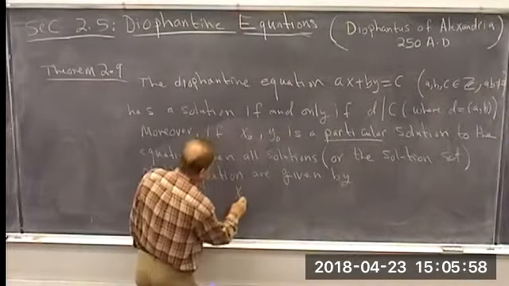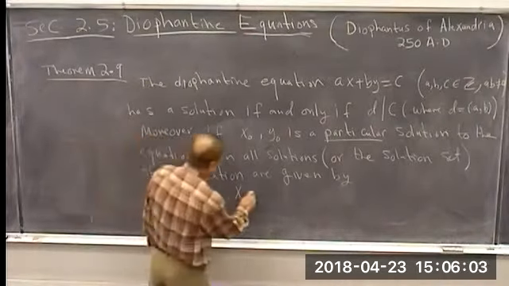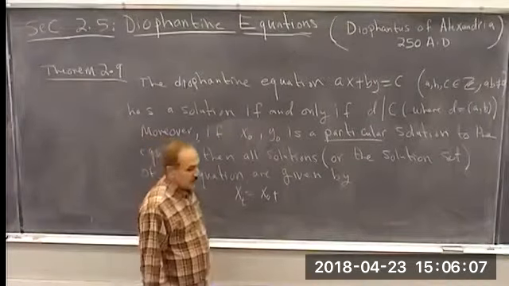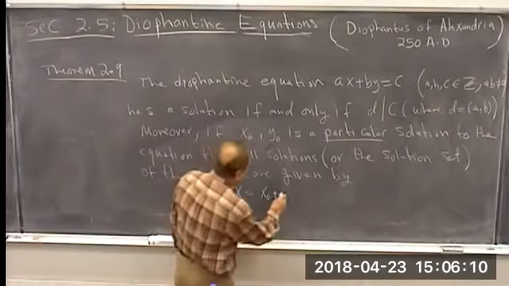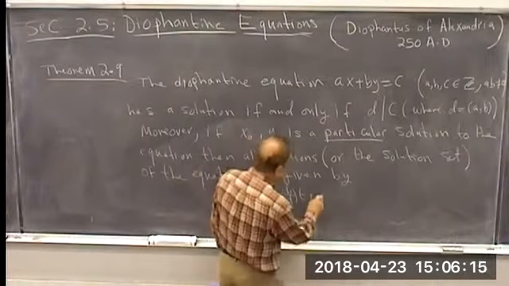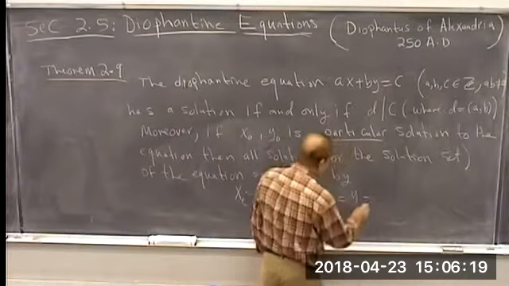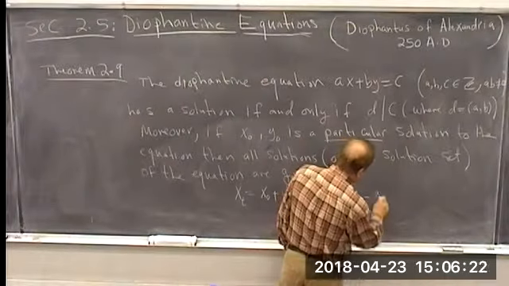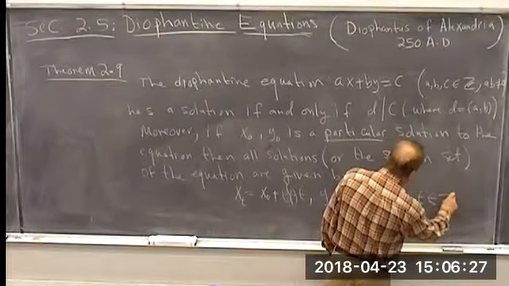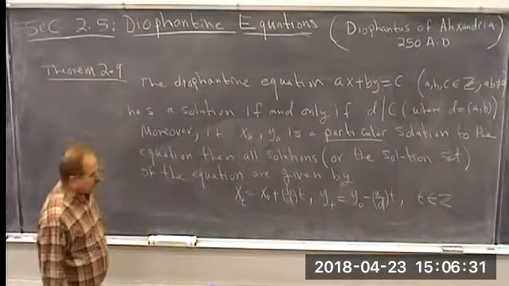x sub t, because we're going to label them with t, is equal to this particular solution x sub 0 plus b over d times t, and y sub t is equal to y sub 0 minus a over d times t, where t ranges over all integers, okay?